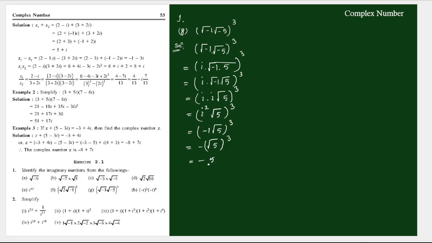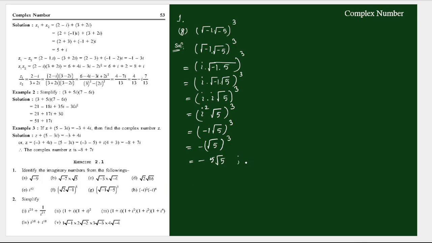We can do 5 square, root 5. So that is 5 root 5. Now minus 5 root 5, we don't have i here, so this is not an imaginary number.